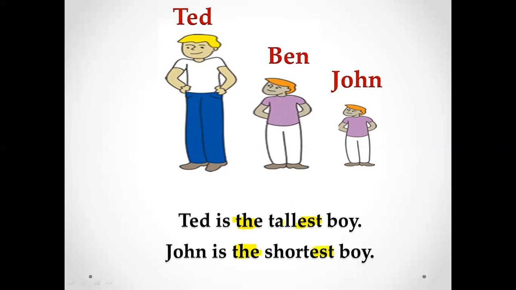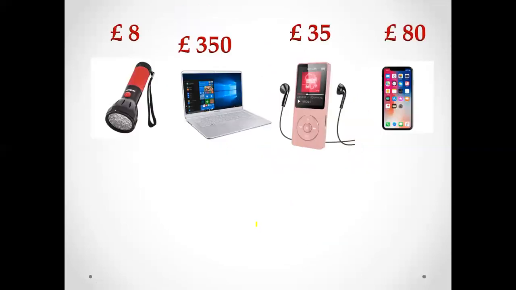Okay, in the last example, we have a torch, it is 8 pounds, a laptop, 350 pounds, an MP3 player, 35 pounds, and a mobile phone, 80 pounds. Which one of them is the cheapest? Its price is the lowest, the cheapest.